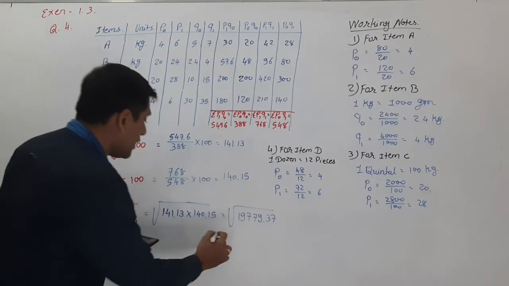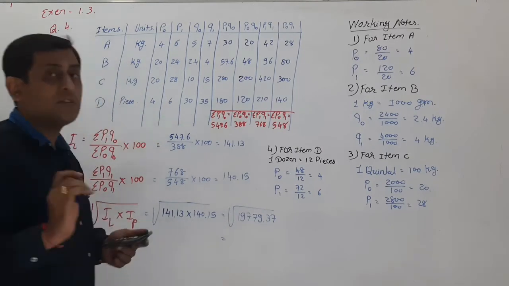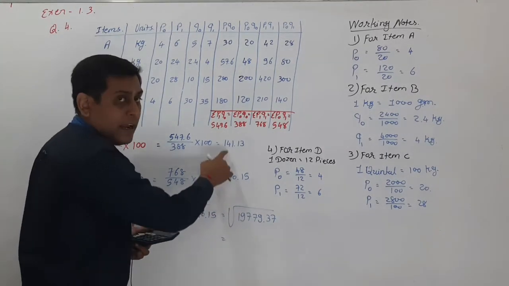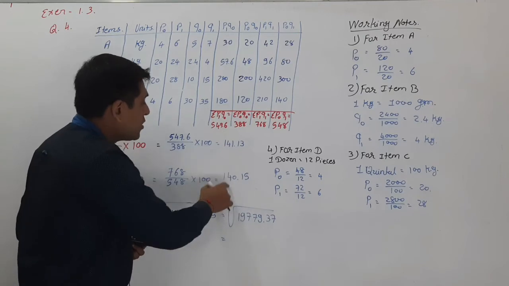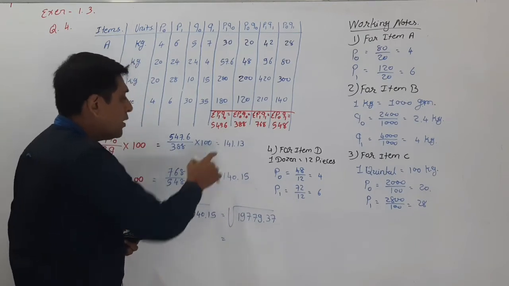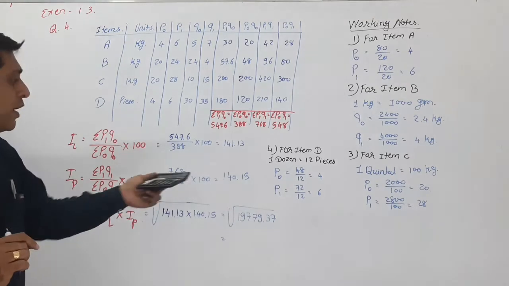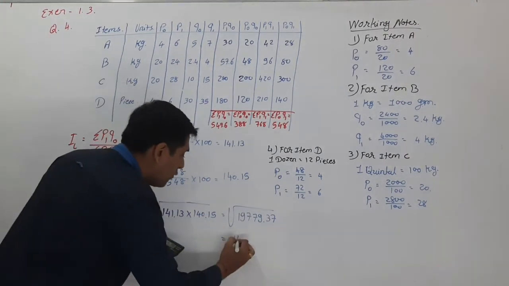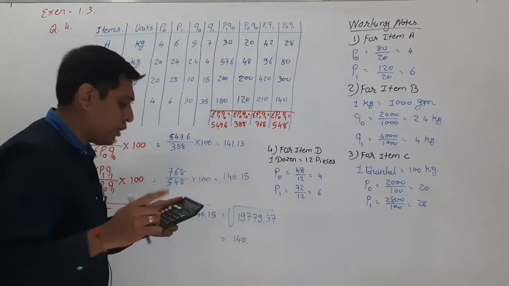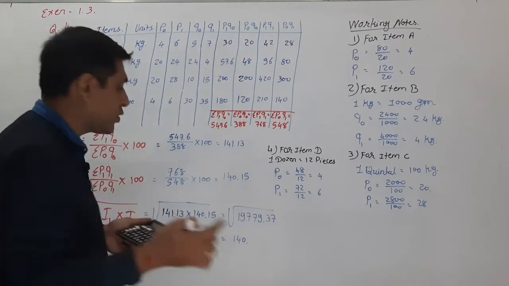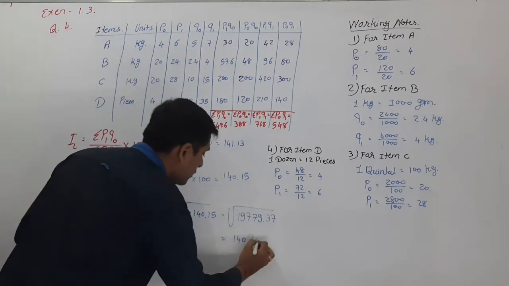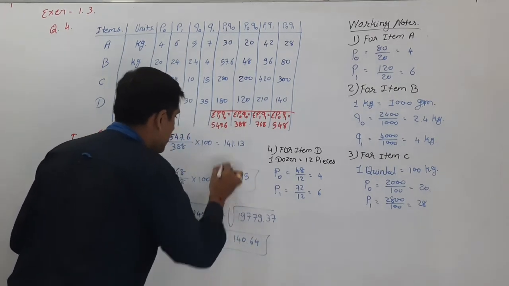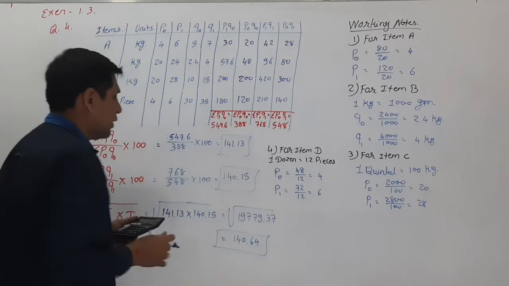The answer is near 141, and 140, which are IL and IP, right? So the answer is in between 141 and 140, and the exact answer is 140.6391.